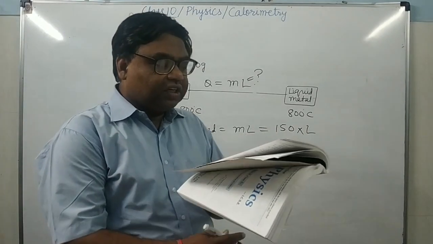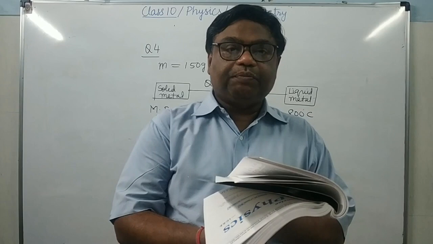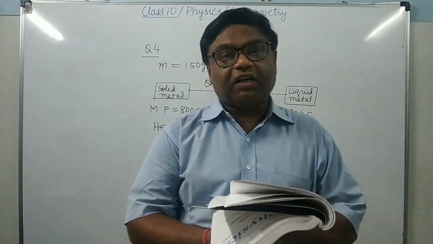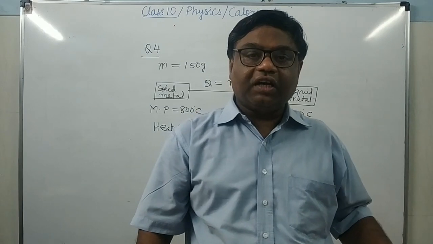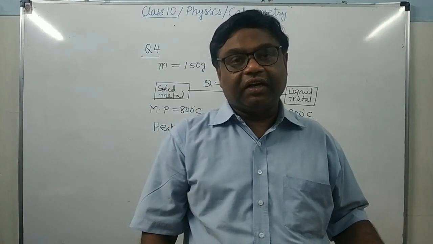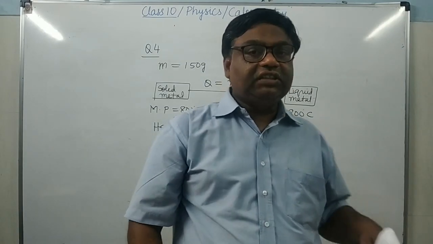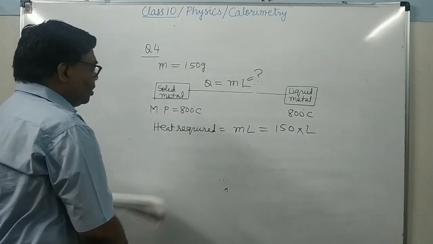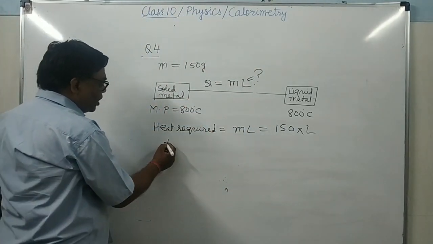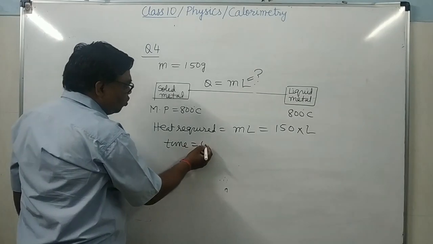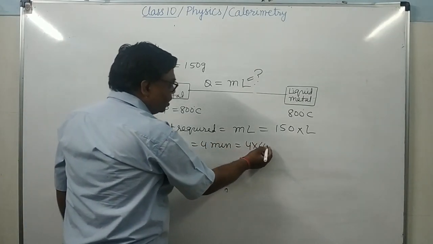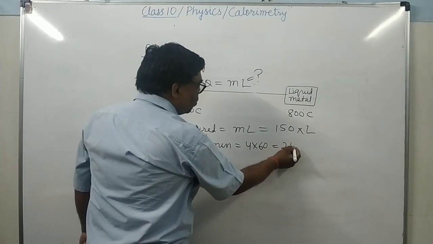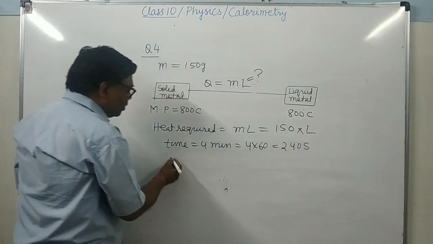Now in the question it is said that this heat is provided by a heater of 100 watt. 100 watt means the heater is supplying 100 joule energy per second. And this change takes place in how much time? Time taken is 4 minutes, that is 4 into 60, 240 seconds.